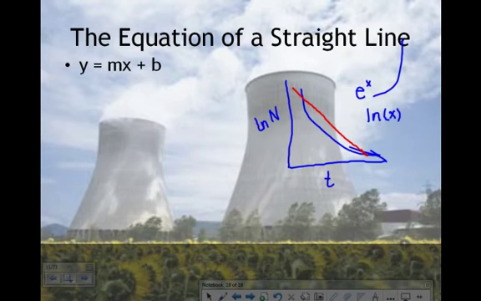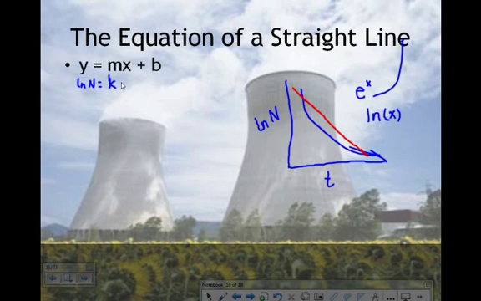Here it is. The equation of a straight line is y equals mx plus b. So let's see what's on our y-axis. It is the natural log of our substance, right? The amount of substance that we're dealing with. And then m is our slope. In chemistry, that's going to be constant, so we call it k, because constant starts with k.